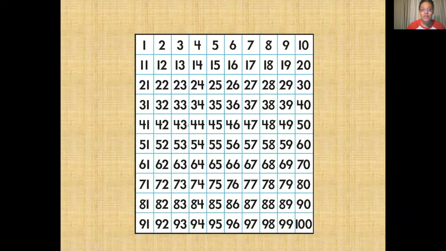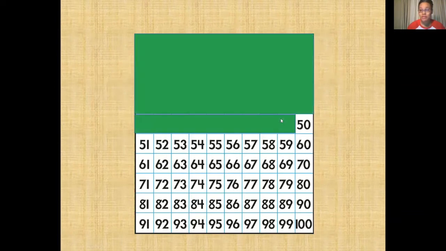We need the numbers from 50 to 100. Where do you see the number 50? Okay, so we're going to cover up the numbers that we don't need for the lesson today. We're working with the numbers from 50 to 100.